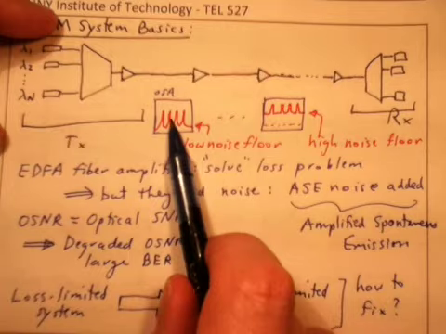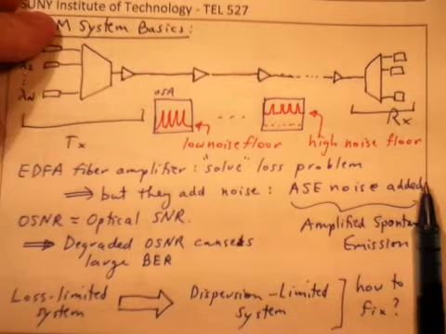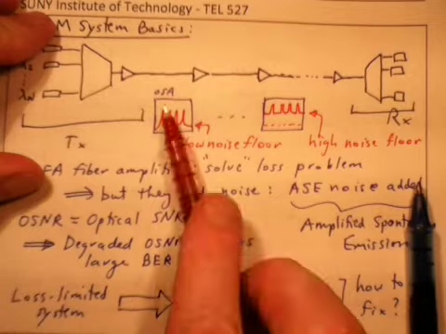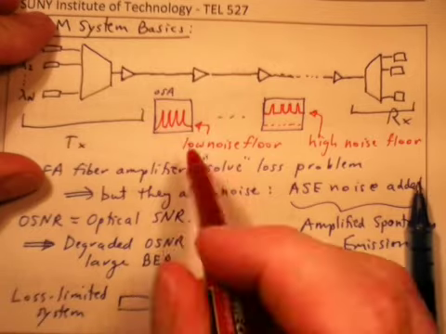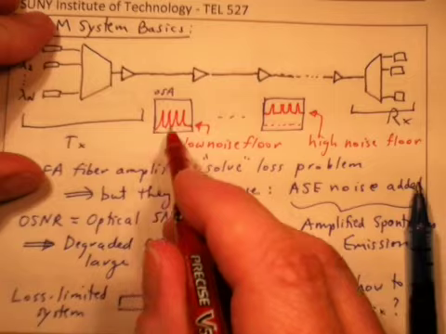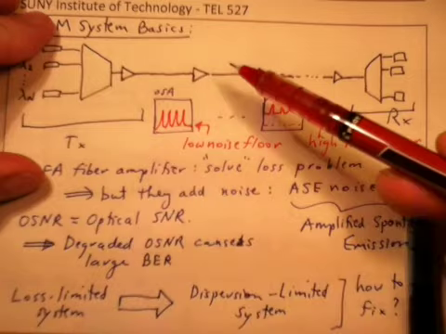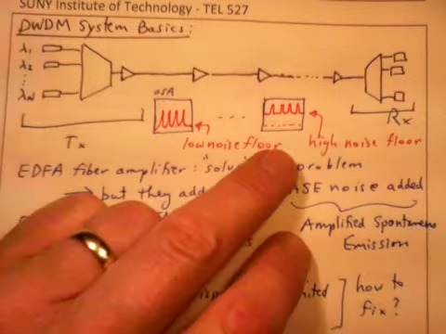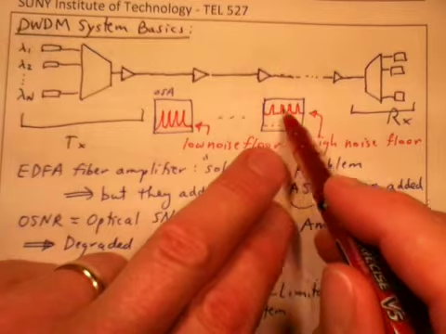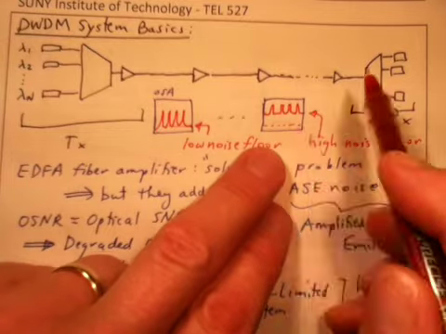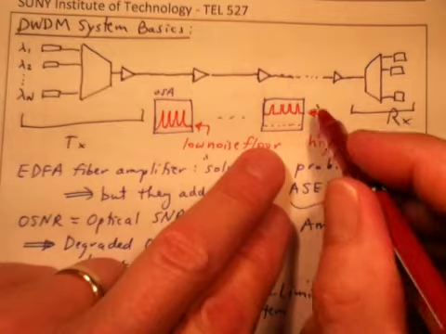We'll see multiple channels, and these channels will poke up very high out of the noise floor. So here we'll have a low noise floor. Whereas after a few amplifiers, you can still see these optical channels poking up out of the noise, but we have a much higher noise floor.